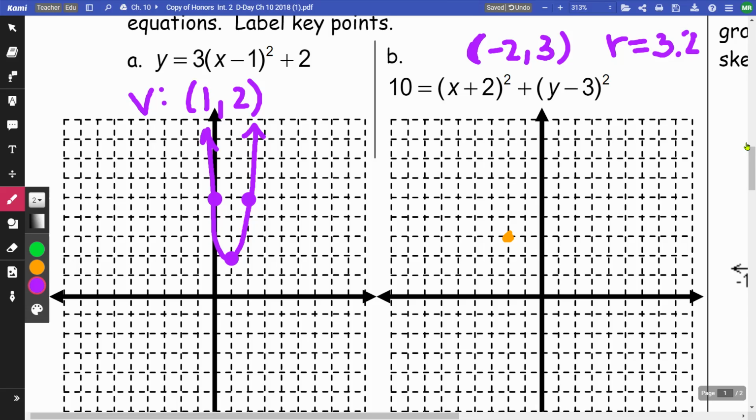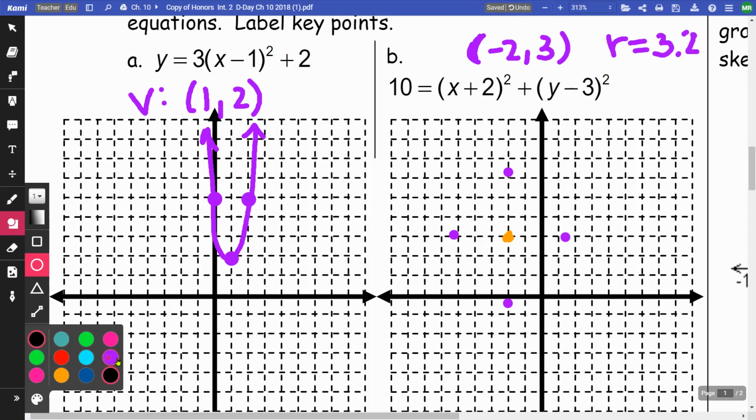So we're going to go out from here, 1, 2, 3, a little beyond 3. Let me make this a little bigger. 1, 2, 3, and a little bit. And then I'm going to grab my circle shape, hold shift while I do it.